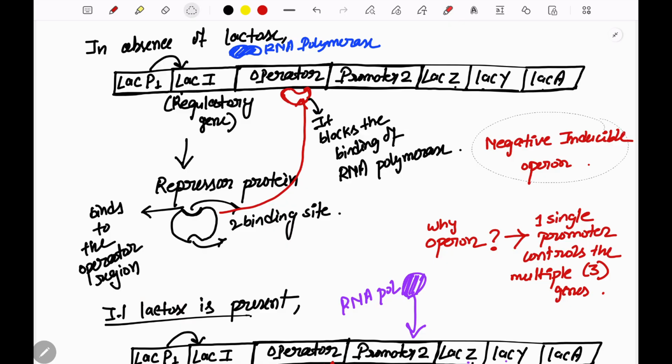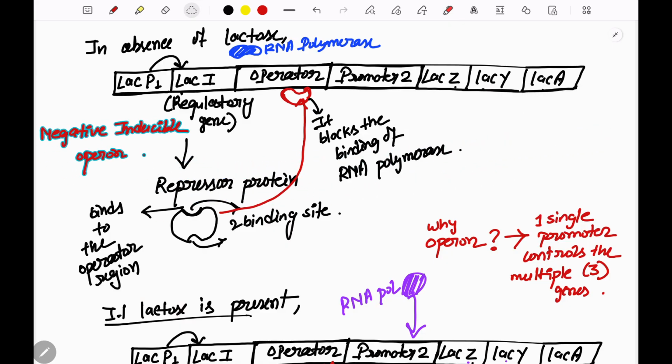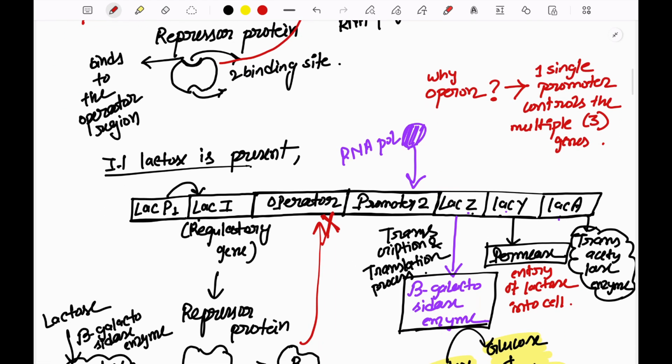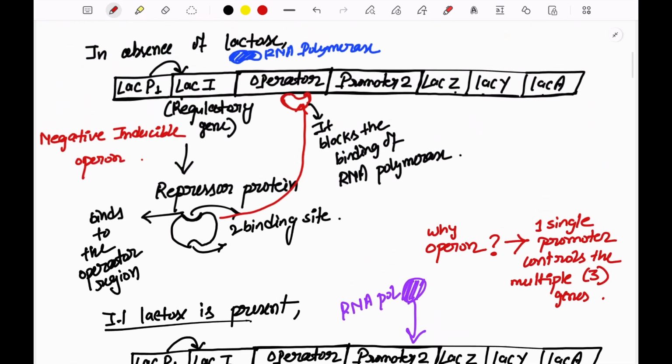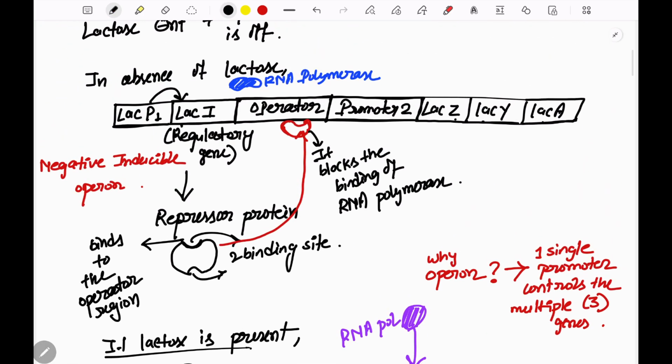So now, okay, my point is, when the lactose is absent, if no enzymes are produced, then how does lactose enter the cell with the help of permease? So basically the answer is, when the lactose is absent, all the transcription translation process occurs, but at a very low rate.